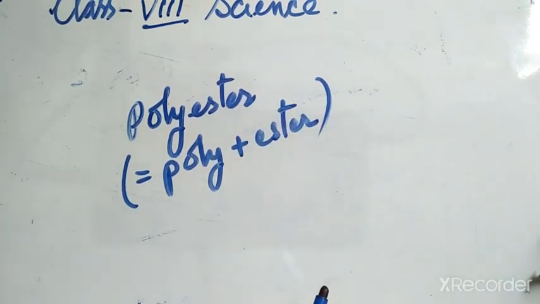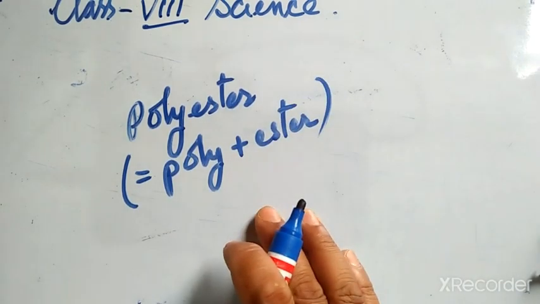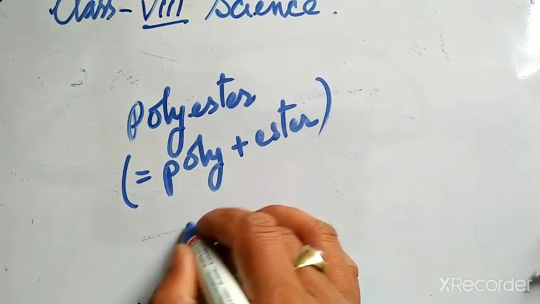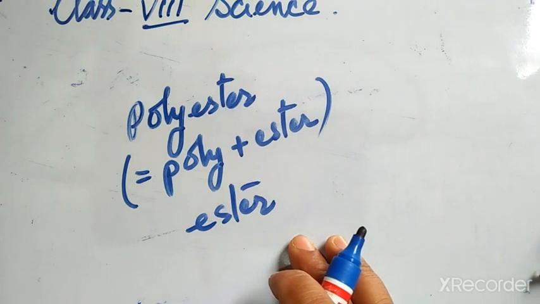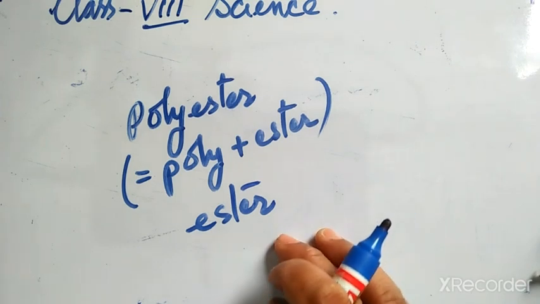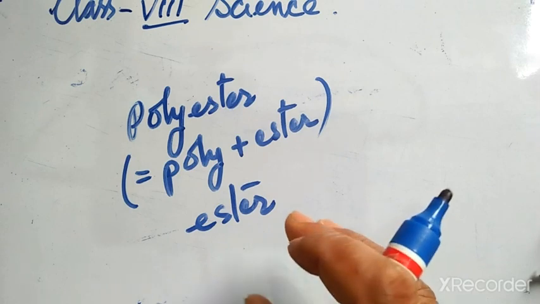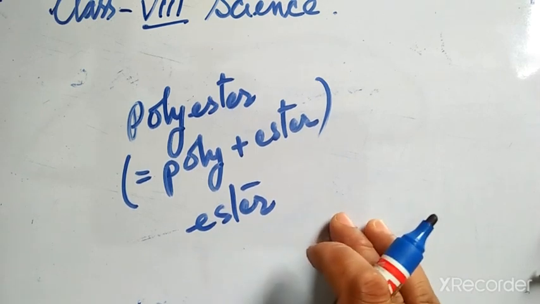It is actually made up of repeating units of a chemical called an ester. You know, esters are the chemicals which give fruits their smell.